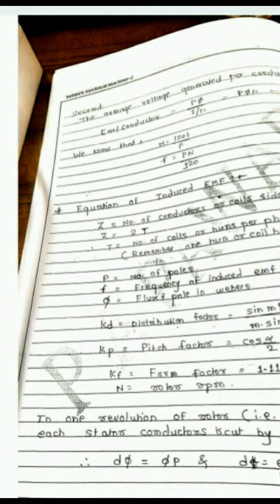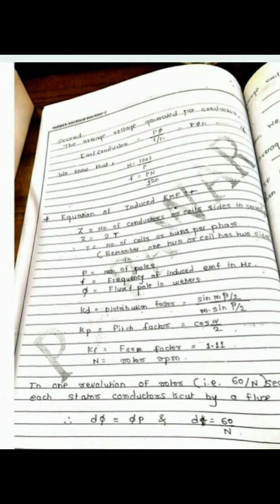We know the fundamental formula of Kd. Kd is the distribution factor, and the formula is sine of m beta by 2 divided by m sine beta by 2. We also know the formula of the pitch factor Kp, which is equal to cos alpha by 2. Another important factor is Kf, called the form factor, and its standard value is 1.11.